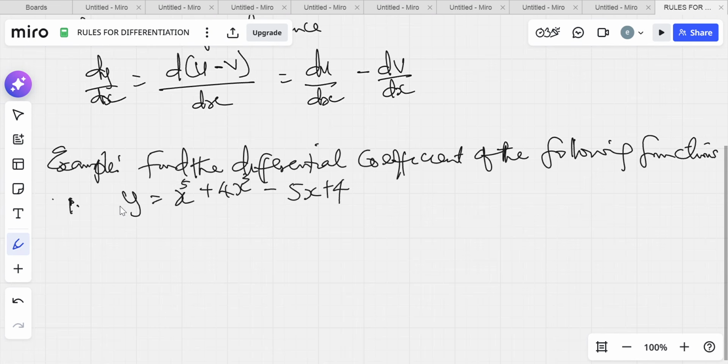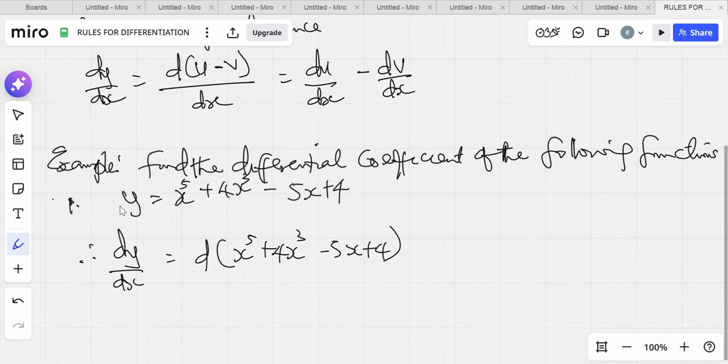If you look at this question very well, you discover that we have sum and difference. So applying the rule, dy over dx is equal to d of (x to the power 5 plus 4x to the power 3 minus 5x plus 4) all over dx.